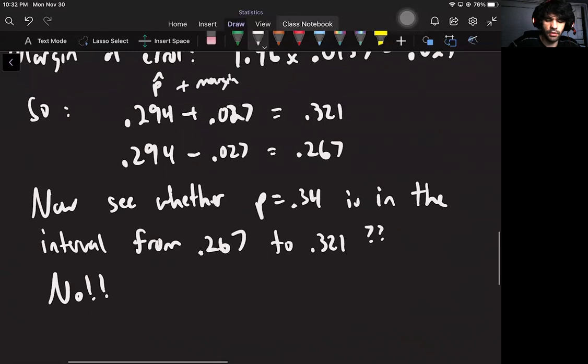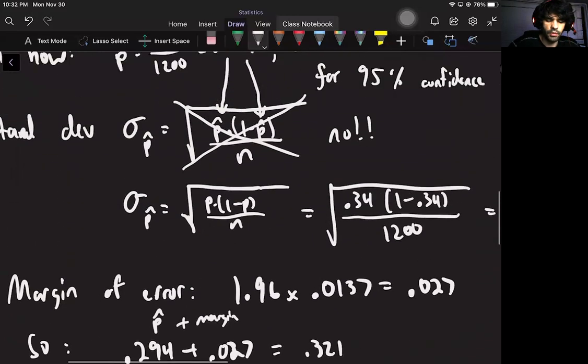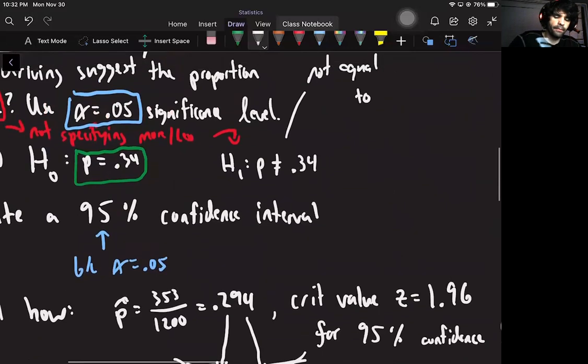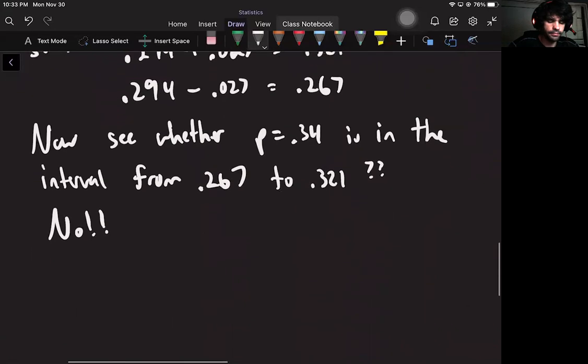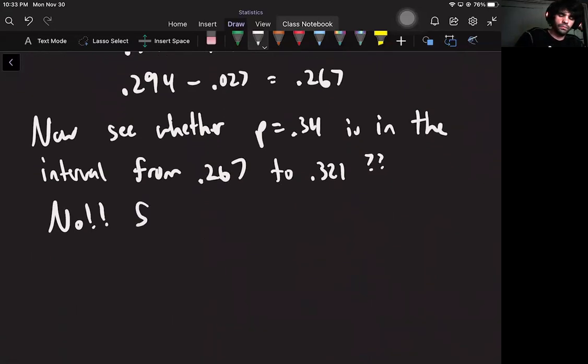So this is just another way to find if our sample is too weird so that we can reject that this is the true proportion. That's the idea. So reject H naught. If it was in there, we would not reject H naught.